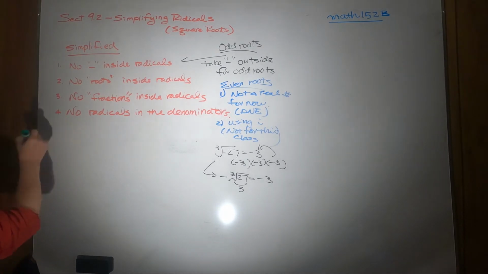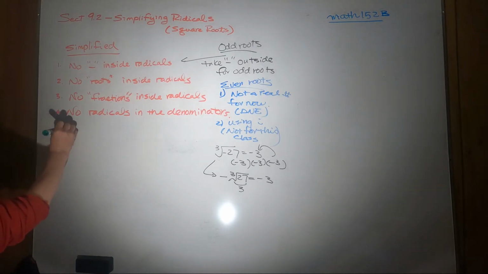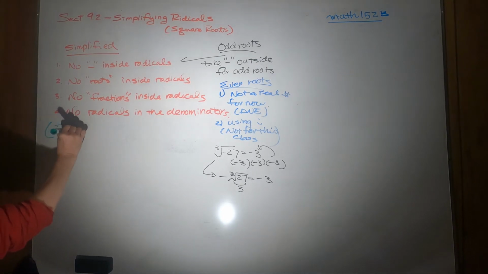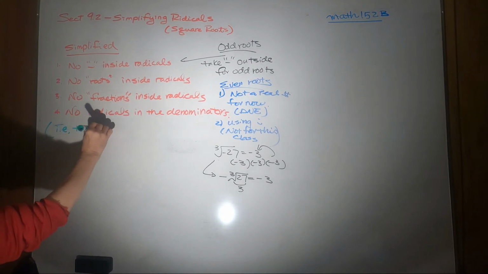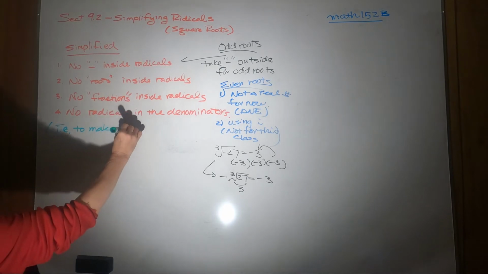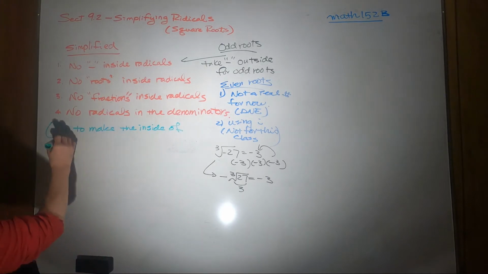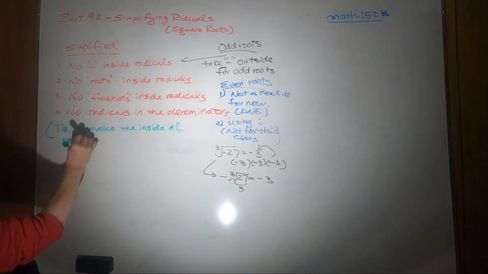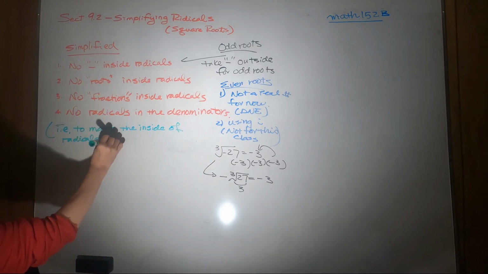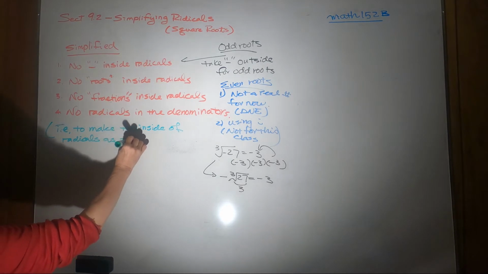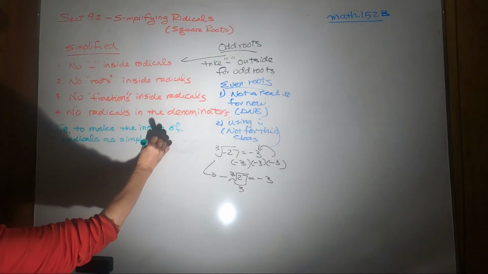That means we want to make the inside of the radicals as simple as possible.